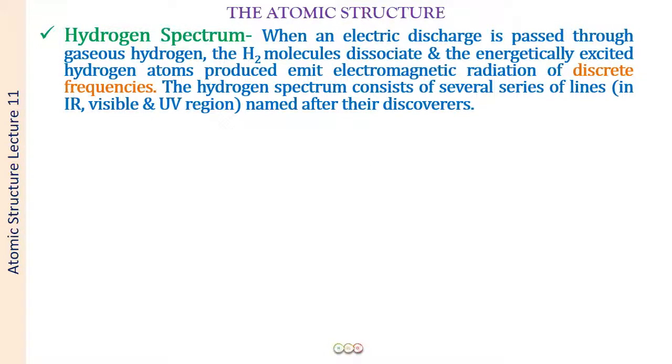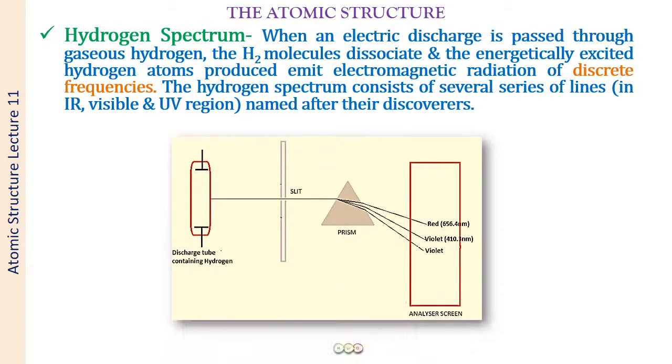So now we can move on to the hydrogen spectrum. What we are studying is the discontinuous emission spectrum. For the hydrogen spectrum too, the experimental setup you can see is what we had in the emission spectrum. So we have taken a discharge tube containing hydrogen gas.